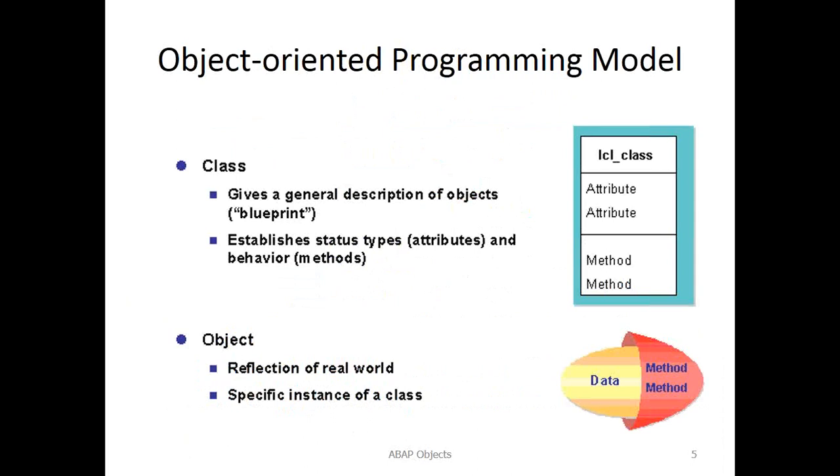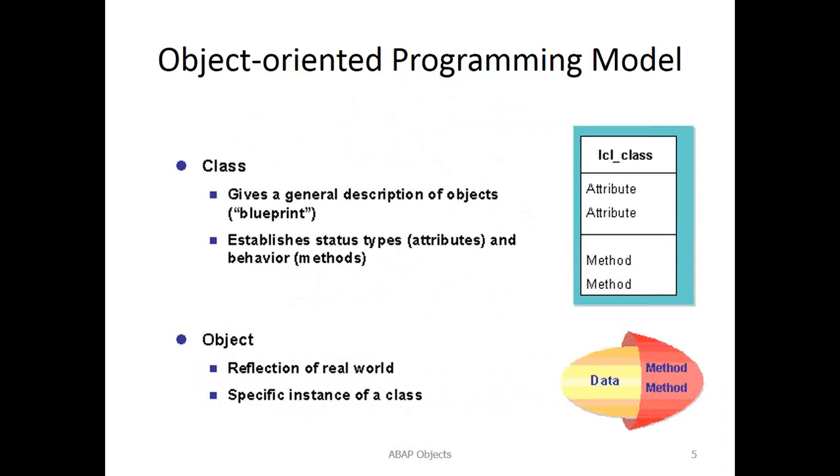So car will have behavior and attributes, like four wheels, steering, color. These are all attributes. Behavior like speed, mileage. These are the methods.